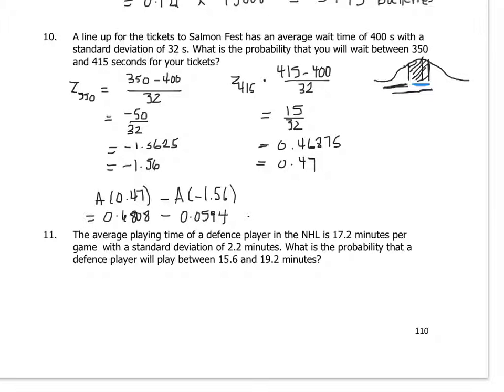And if you subtract those, 0.6808 subtract 0.0594, that gives you 0.6214, or as a percent, 62.14% would have to wait between 350 to 415 seconds for their tickets.